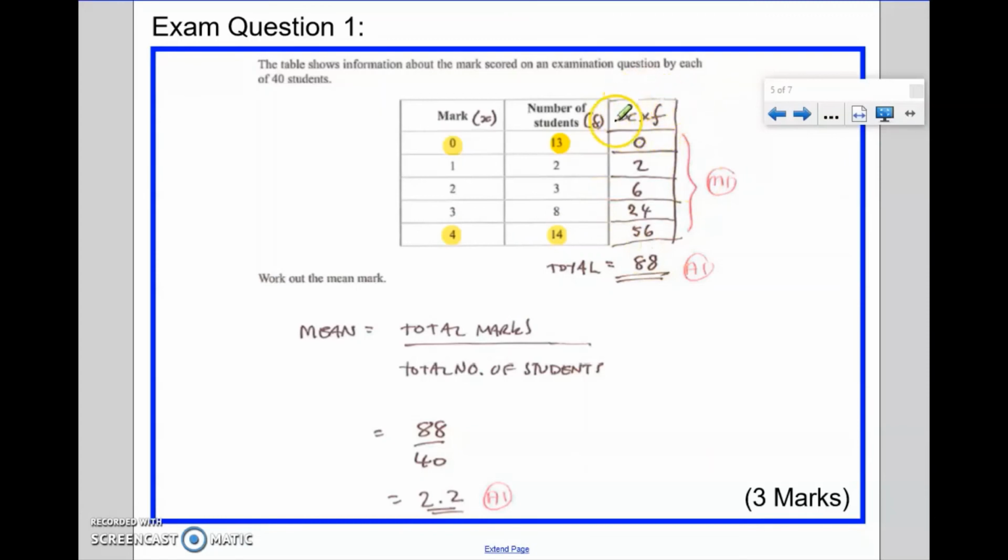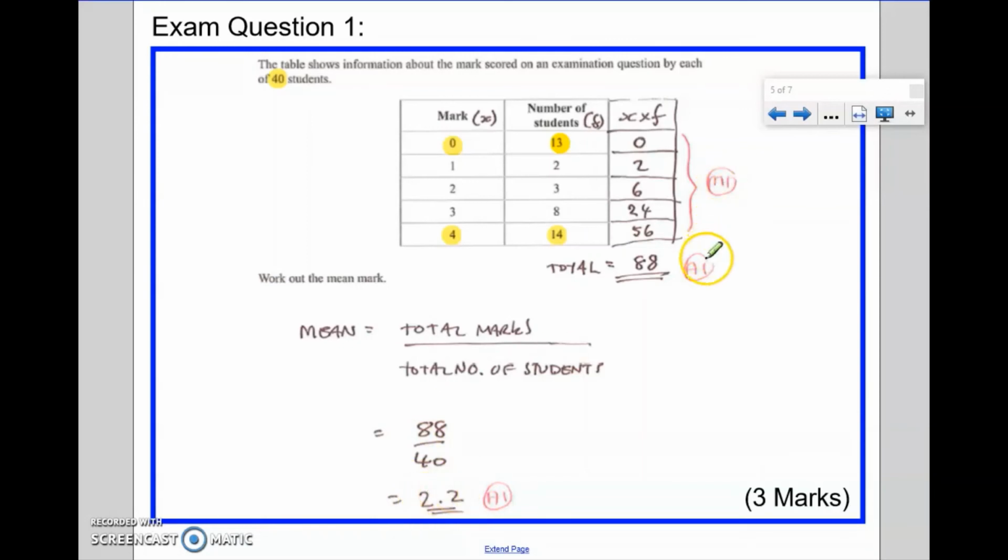I've used X times F. And then I've filled in my third column by doing some multiplications. Ended up getting my 2 totals. The total of the third column was 88. The total of the second column was given in the question up here. We've got 40 students involved in this data. So to work out my mean, 88 divided by 40, which is the calculation down here, tells me that the mean mark for the students was 2.2.